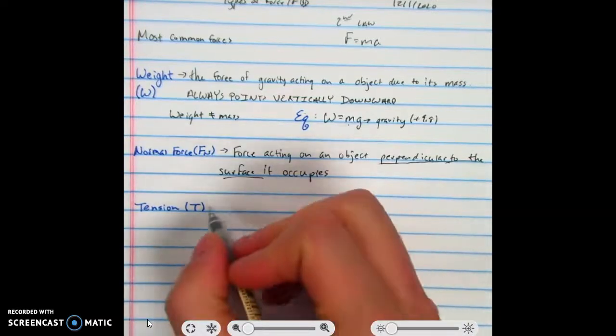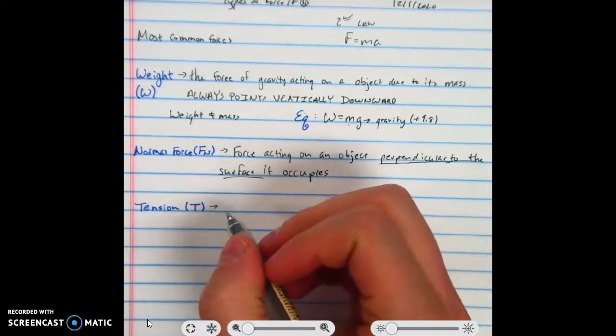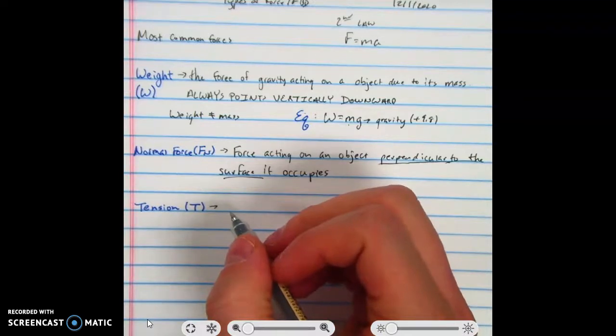So tension is the force exerted upon an object via a string, rope, cable, or chain.